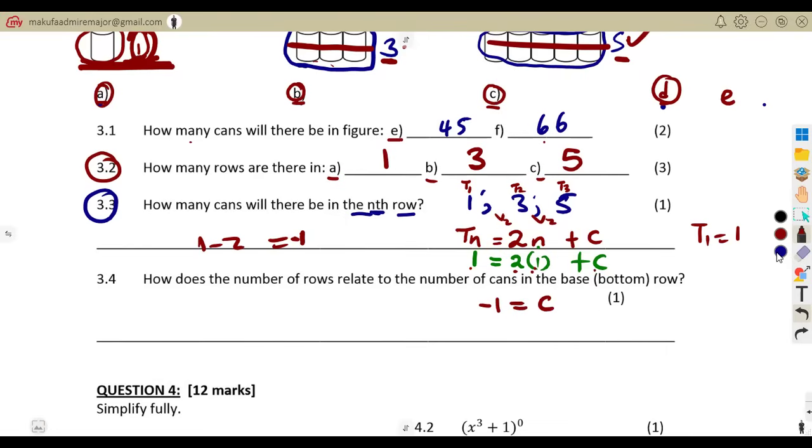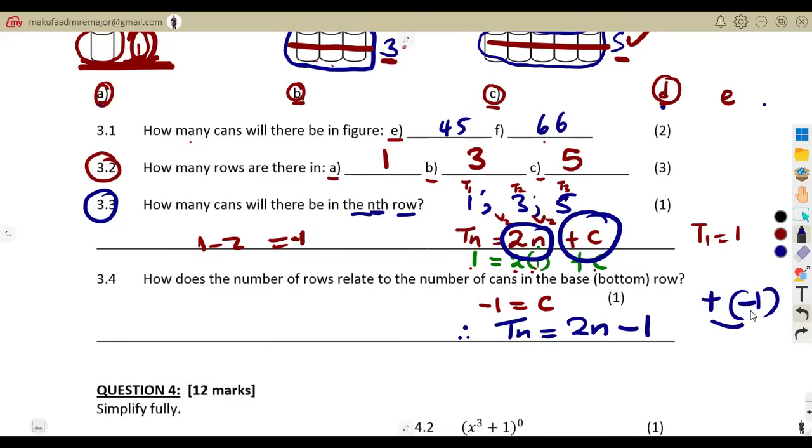So that is the value of C. Therefore, our Tn is equal to 2n plus C, which is plus minus 1. Remember, a plus and a minus like this will give us a minus at the end.